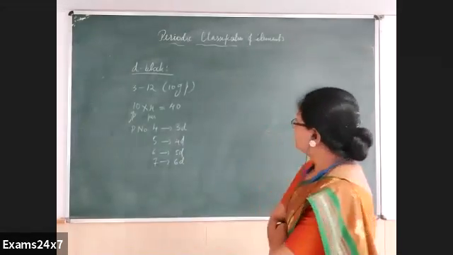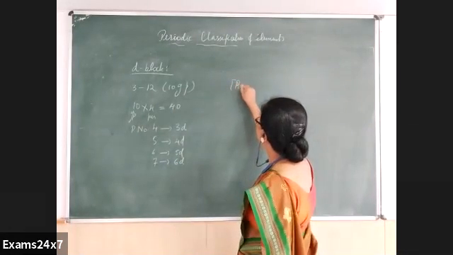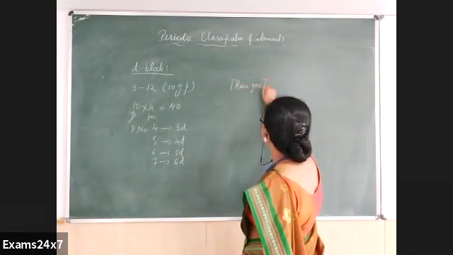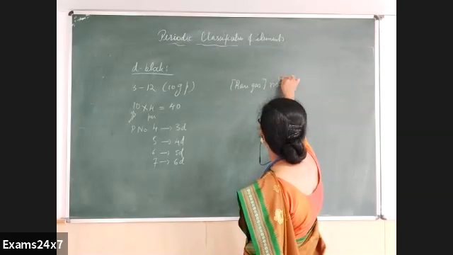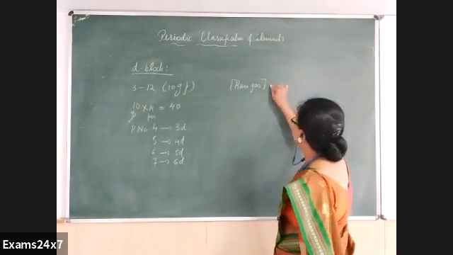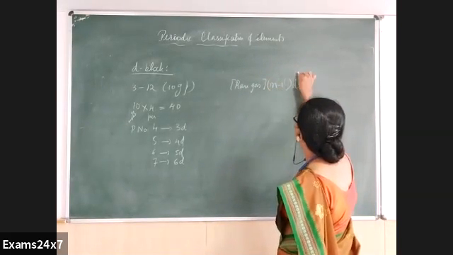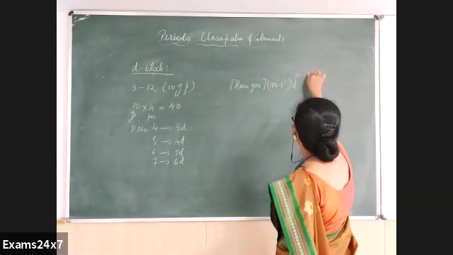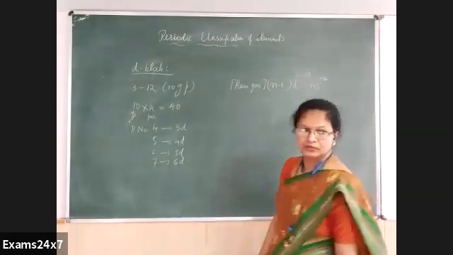What is the general configuration of these elements? d block: rare gas with (n minus 1) d 1 to 10, ns 1 to 2.